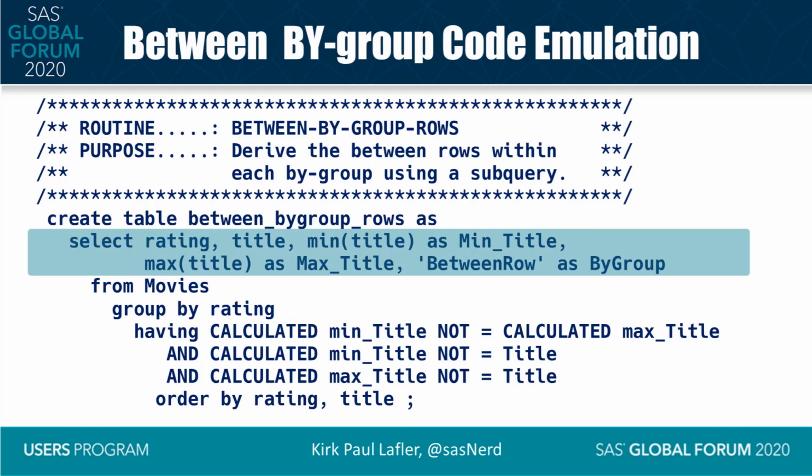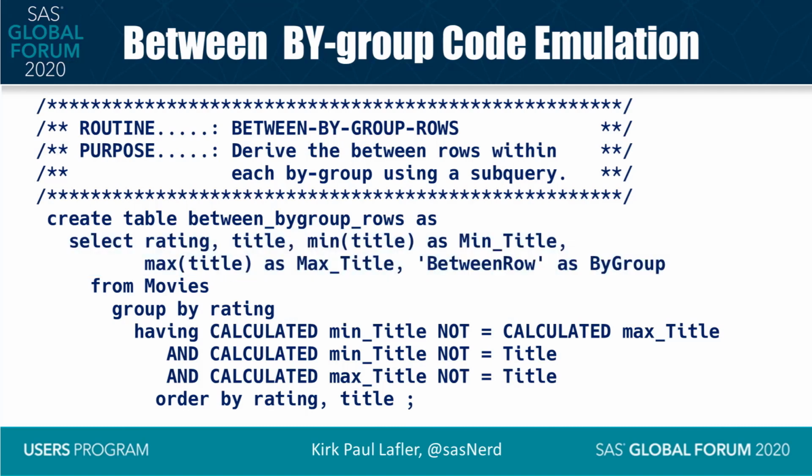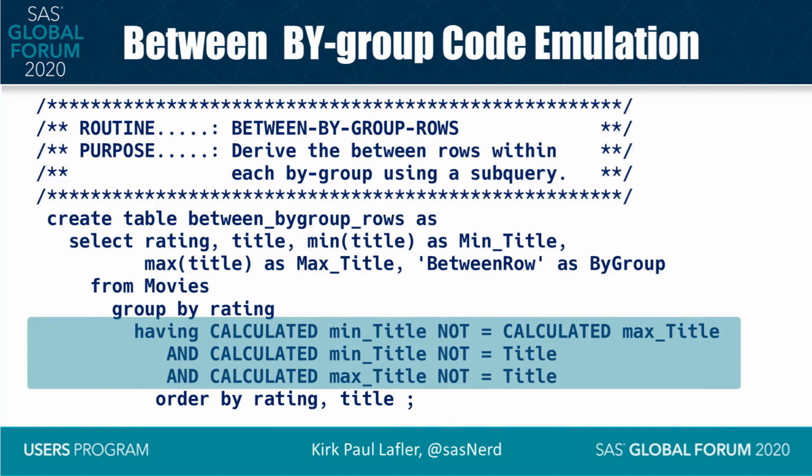Then we're going to group by the categorical variable rating using the having clause, because now we want to use this having clause against the group by, the grouped variable rating, having calculated. Now what is this calculated keyword all about?